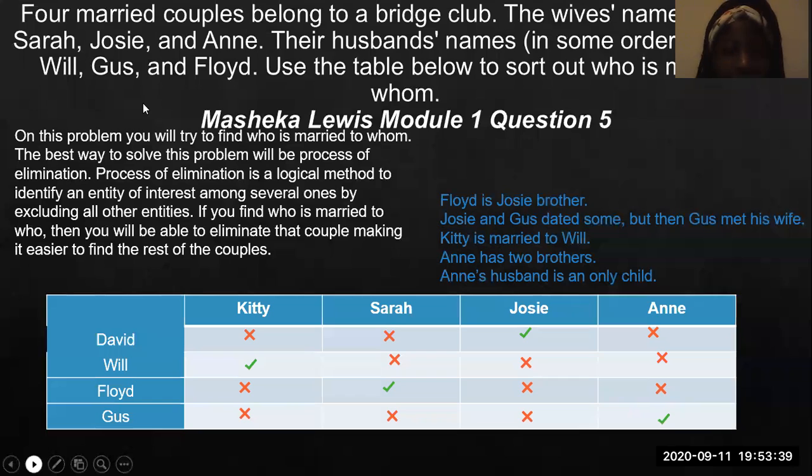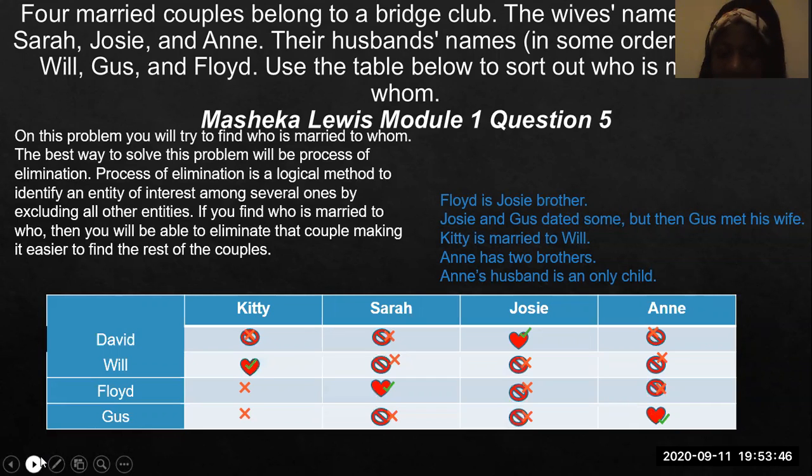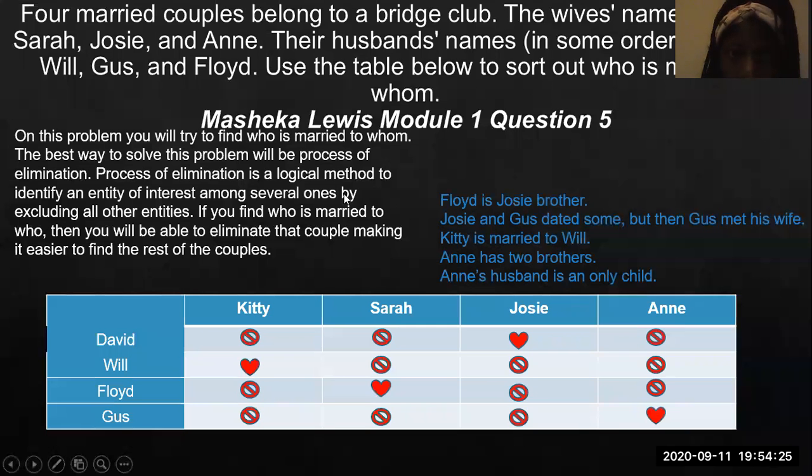I use hearts and cross-out signs to see if they're married or not. This is a check, and this is the answer. It seems like everybody got married to who they were supposed to, and we used the process of elimination right. Let's pause this before we go to the next one.